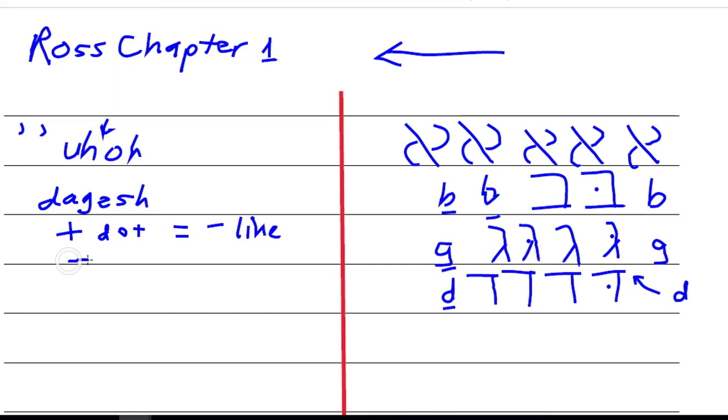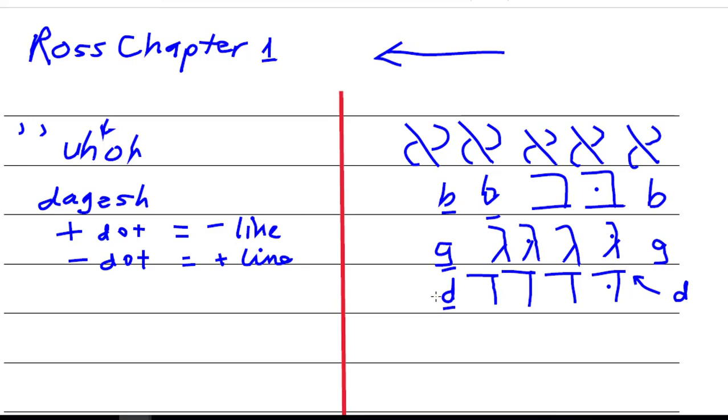On the other hand, if Hebrew is minus dot, then that equals plus line. So notice, if I'm lacking the dot, minus dot in the Bet, then I have a line, a plus line in the English. Okay? So there are 6 consonants that can take these dagesh dots.